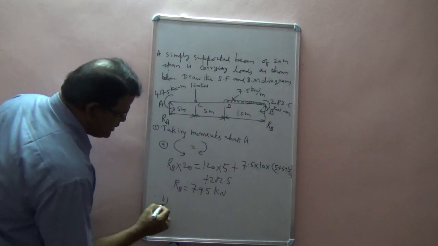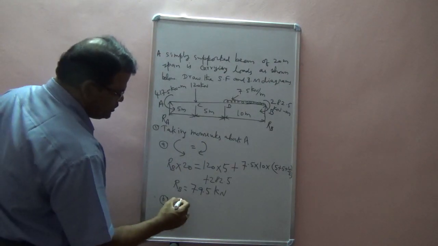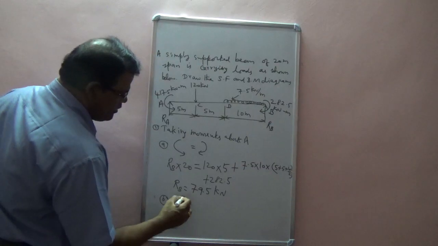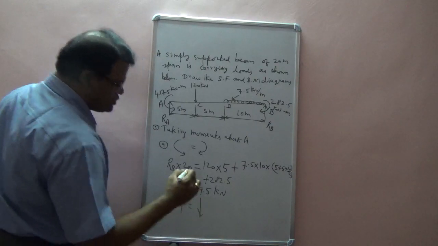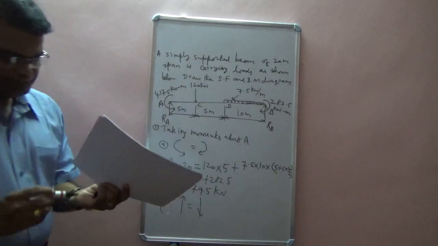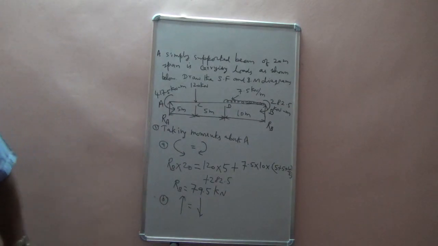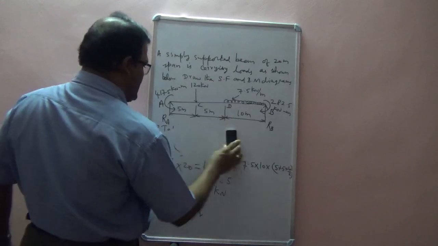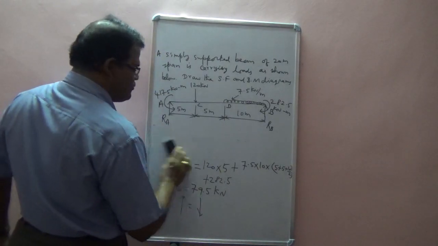Next, apply another equation of equilibrium. The forces acting vertically upward must be equal to the forces acting vertically downward. Now let us calculate the forces acting upward and downward.